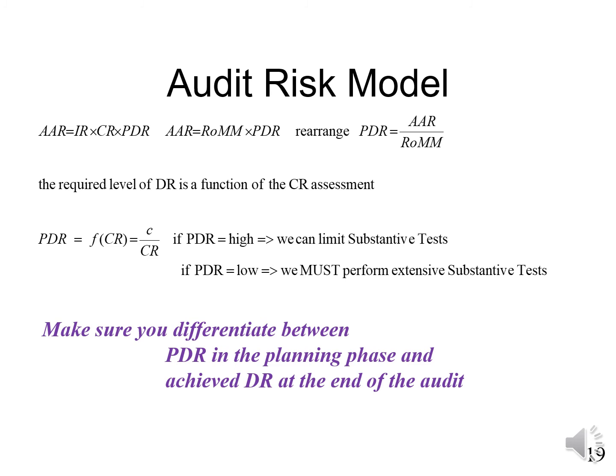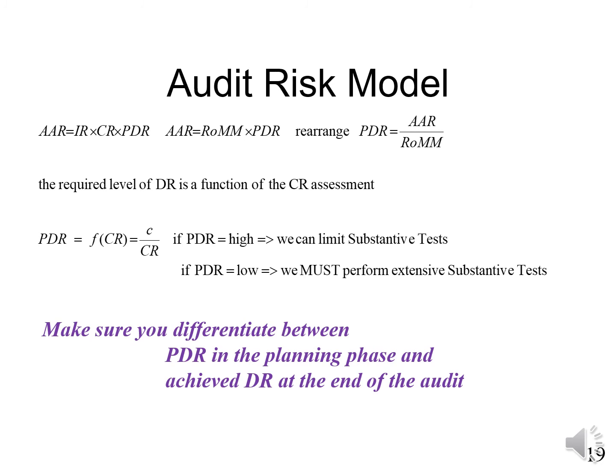One last thing, make sure you can differentiate planned detection risk from achieved detection risk. In the planning phase of the audit, we determined that planned detection risk needs to be low. Okay? But that doesn't make detection risk low.